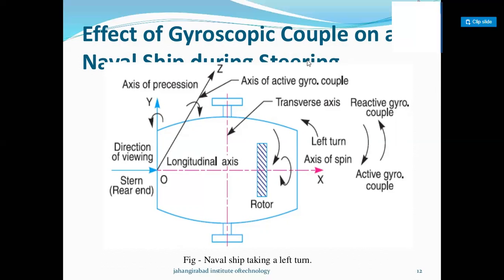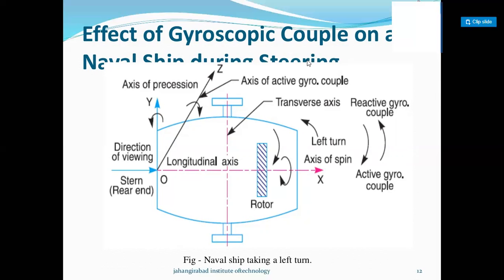The longitudinal axis and the three axes, the axis of precession, the axis of gyroscopic couple, and the axis of spin, are shown as x, y, and z directions. Also, two couples are generated: the active gyroscopic couple, which is due to the rotor rotation, and the reactive gyroscopic couple, which is used to balance or stabilize the gyroscopic effect. Note that the reactive gyroscopic couple is always the one considered for analysis.